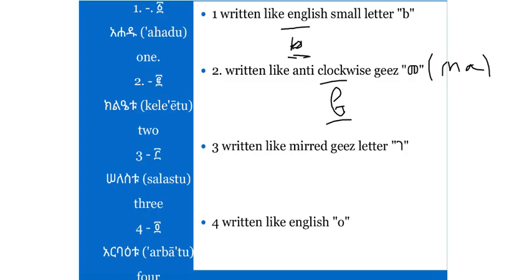Number 3 is written like the mirrored GES letter G, the reversed alphabet G. Number 4 is written like a small English letter O or a normal circle.